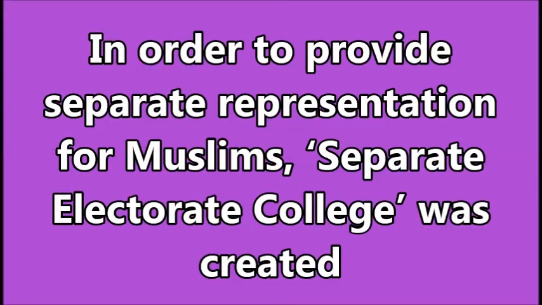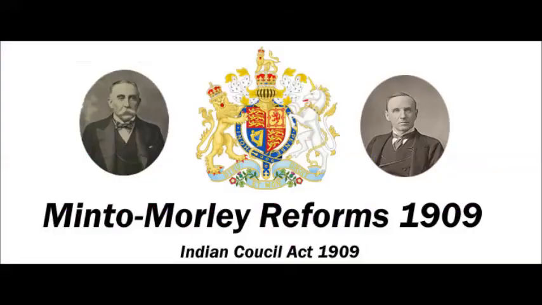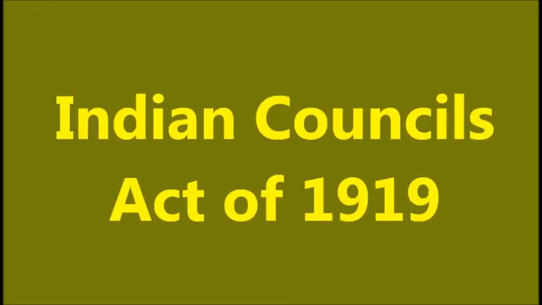Fourth one, in order to provide separate representation for Muslims, separate electorate college was created. So all these are the important provisions of Indian Councils Act of 1909, which is also known as Minto-Morley Reformation Act. Now let us know about another important act known as Indian Councils Act of 1919.